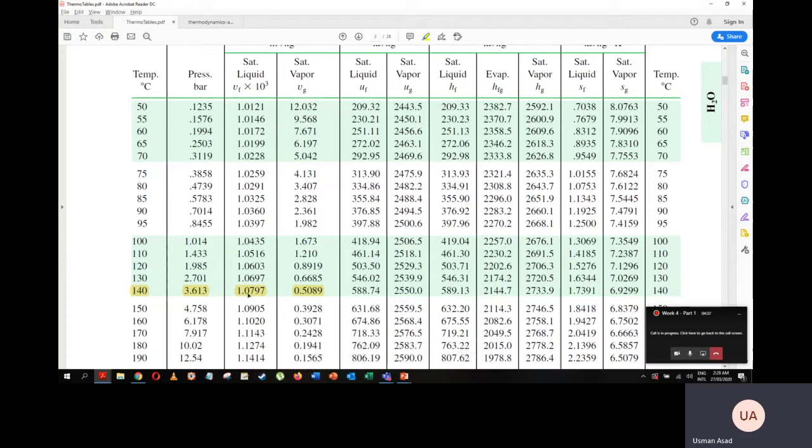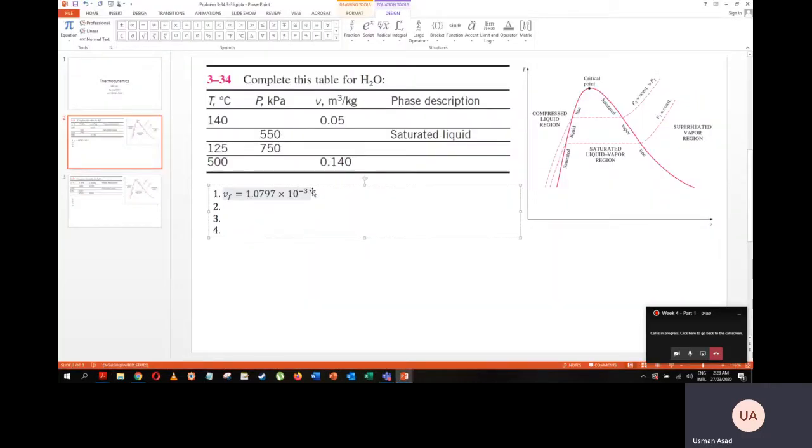That means VF is this thing into 10 raised to the power minus 3, which, as expected, is around 1/1000, right? The inverse of the density, and the density for liquid water should be around 1000. Okay? And the second thing is that VG is 0.5089, and both of these are in units of meter cube per kg.